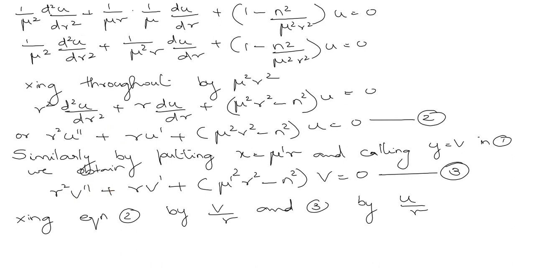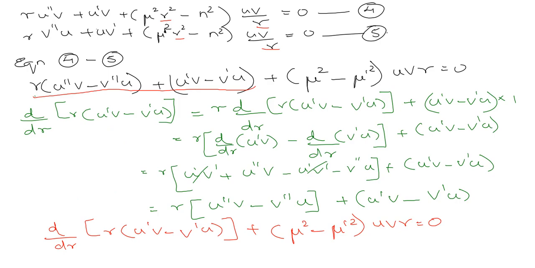The resulting equations are: multiplying equation 2 by v/r gives r u''v plus u'v plus (μ²r² minus n²) into uv/r is equal to 0, and multiplying equation 3 by u/r gives r v''u plus uv' plus (μ'²r² minus n²) into uv/r is equal to 0.